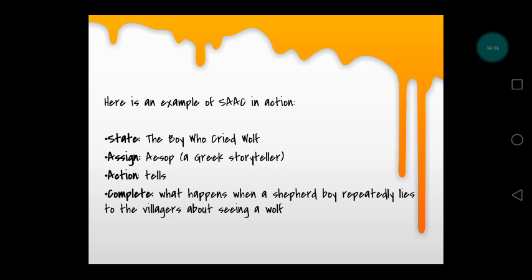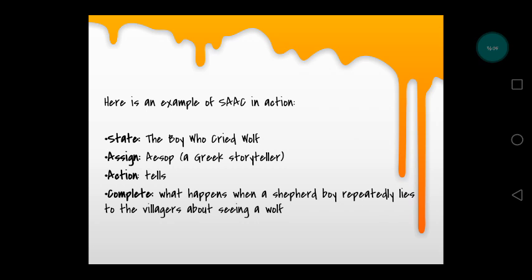And then action, what the author is doing, tells. Okay, yan. Next is complete what happened. Complete the sentence or summary with the keywords and important details. So, tandaan keywords and the important details. Okay? Pinaka-importanteng details dun sa pinaka-story or dun sa text or dun sa article. Ayan. Or dun sa book.